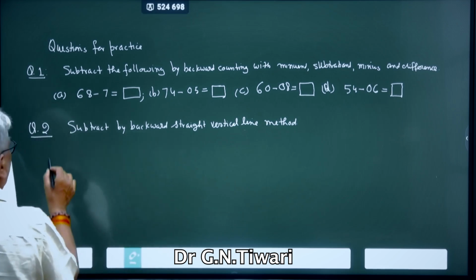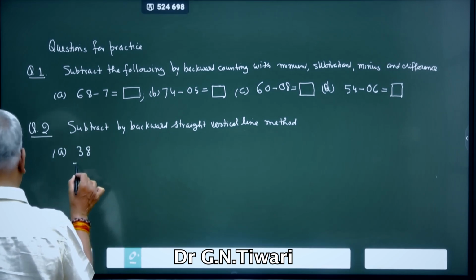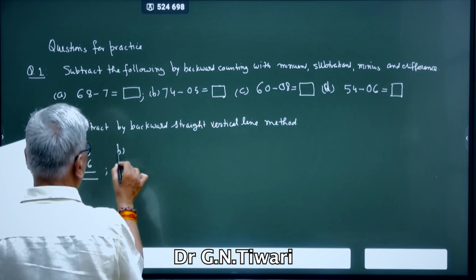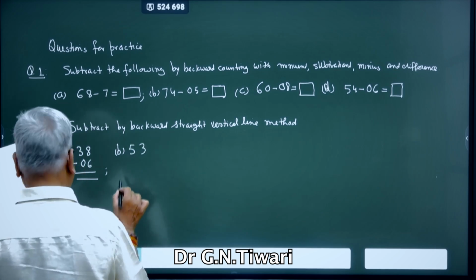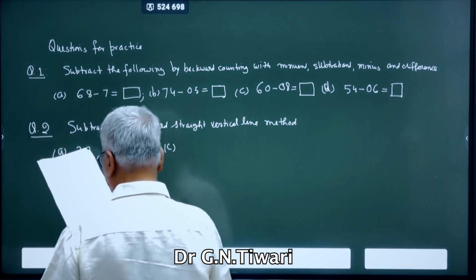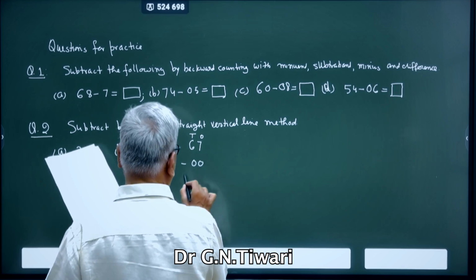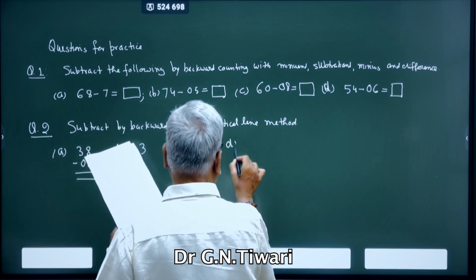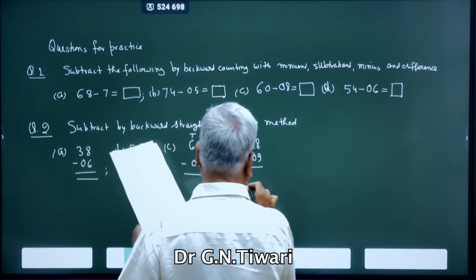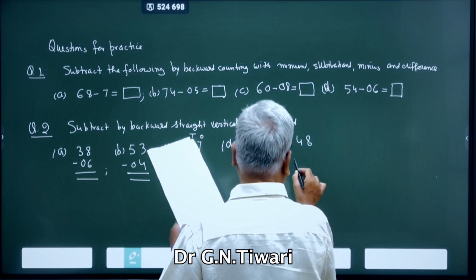Now here I will give a little vertical. A: 38 minus 6, B: 53 minus 4, C: 67 minus 0, D: 98 minus 9, E: 48 minus 9.